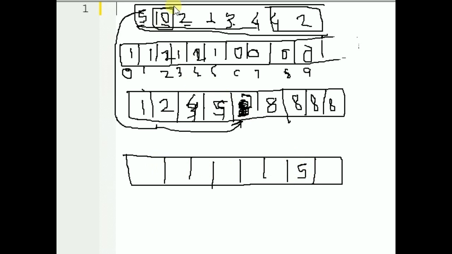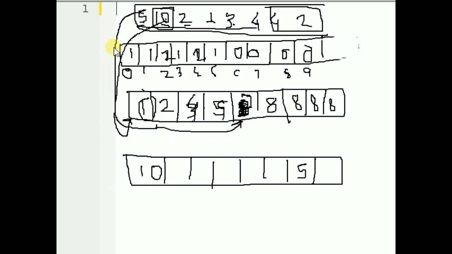Similarly, next is 10. 10 mod 10 means 0, and so this is the 0th position. Here the value is 1 minus 1, 0. So at the 0th position of the final array, 10 will come here.